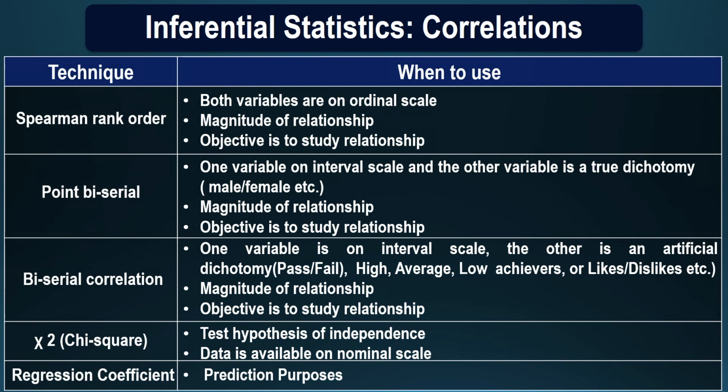Regression coefficient is used to predict a phenomena. That means if you have a study where you have taken the joint entrance examination and you are interested in whether the performance in joint entrance examination can be used as a predictor of the performance in four-year degree program, then regression coefficients can be used.